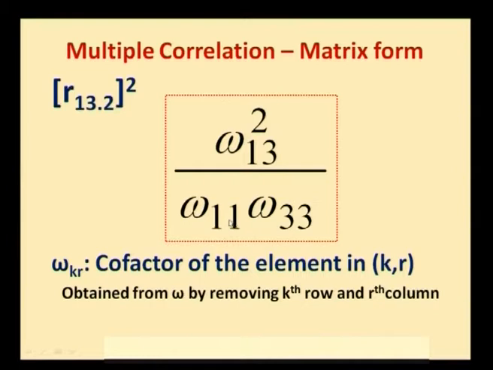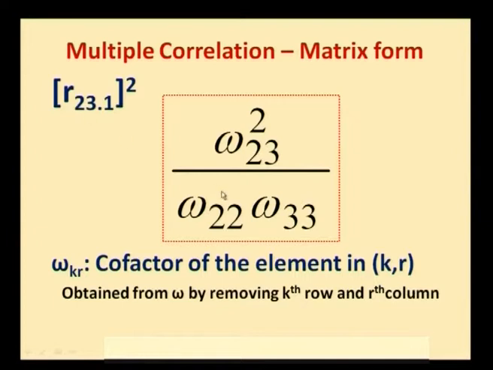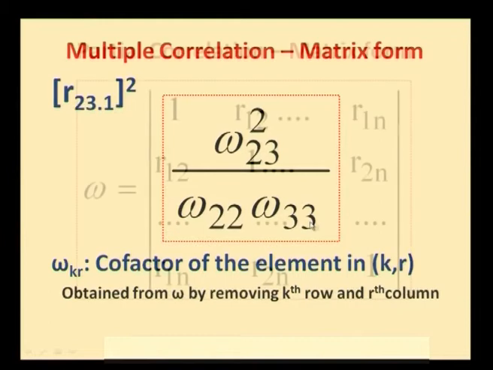So, as I mentioned, the formula can be remembered in this simpler way: for 1 3, the denominator has omega 3 3, and similarly for 2 3, the denominator has omega 2 2 and omega 3 3, and these are all cofactors. So, cofactor of second row second column, third row third column.